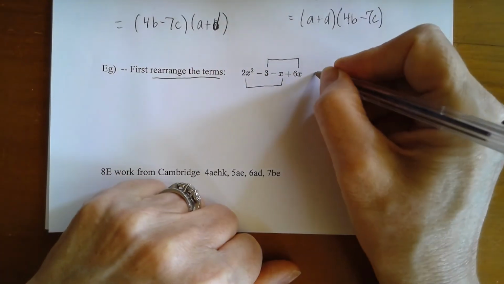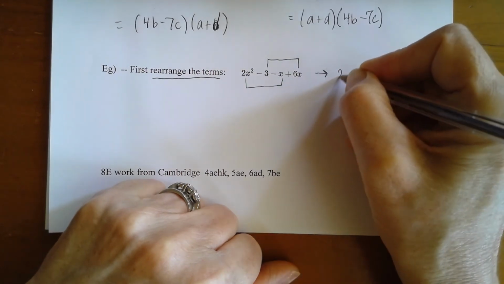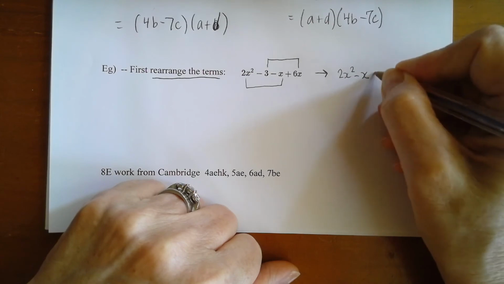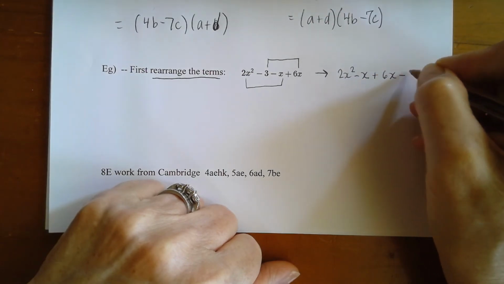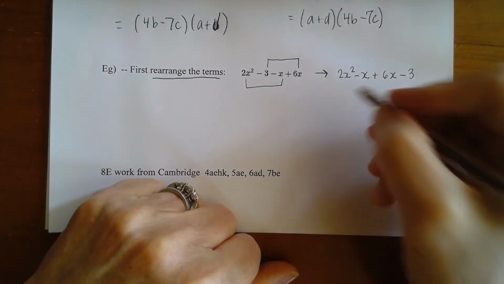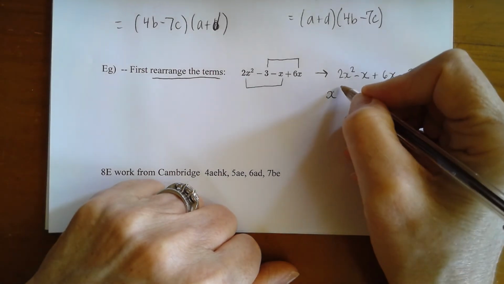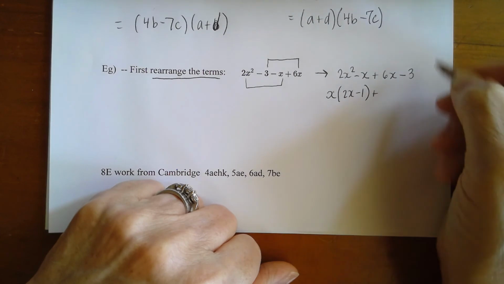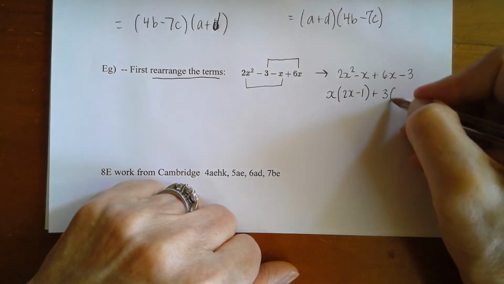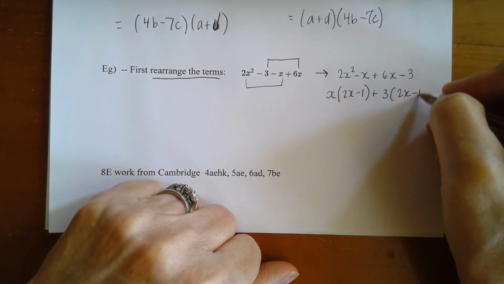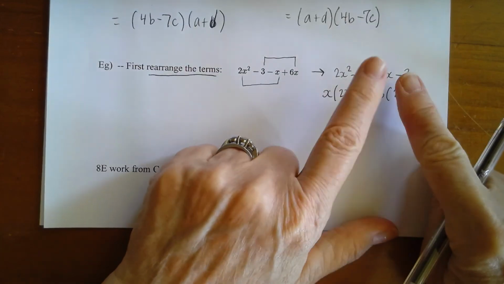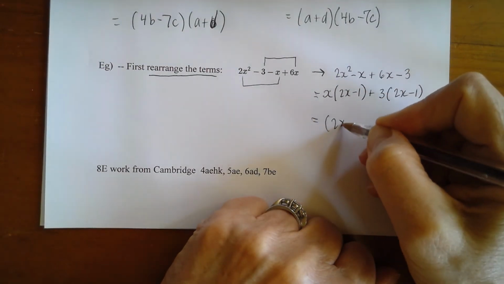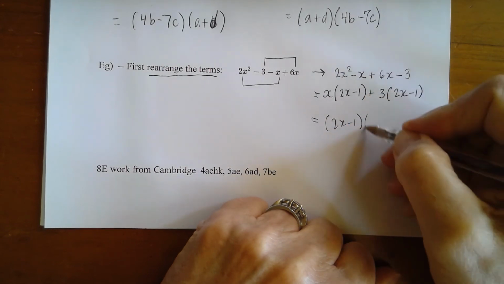So I'm going to rewrite it as 2x squared minus x plus 6x minus 3. And I'm going to get an x out of the first two, and I'm left with 2x minus 1, and a 3 out of the next two, and I'm left with 2x minus 1. And I have these in common, so I'm going to put that in the front, and the leftover.